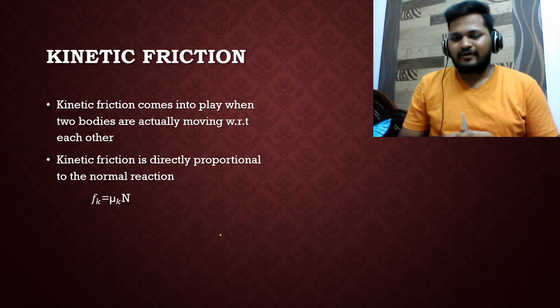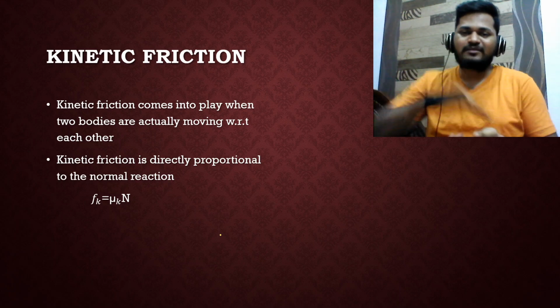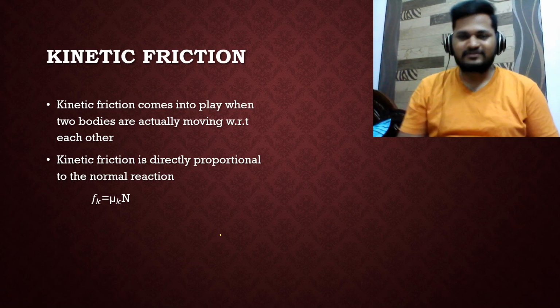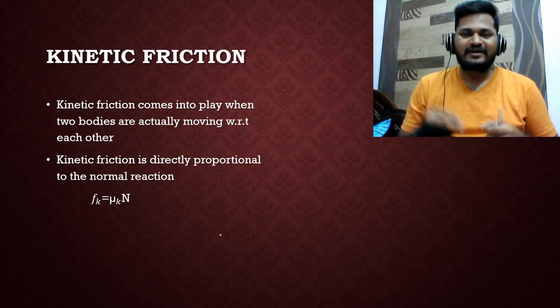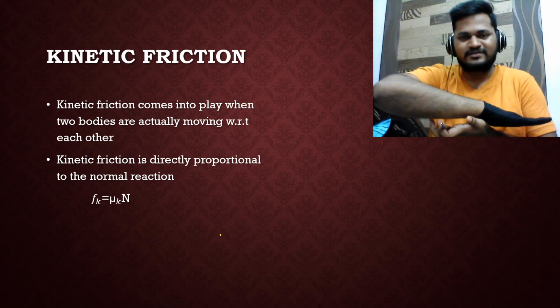Next, kinetic friction. When two bodies are actually moving with respect to each other, previously the body was tending to move but it was at rest. Now, limiting friction is the maximum value of static friction. If I exert force above that, the bodies will start moving with respect to each other.